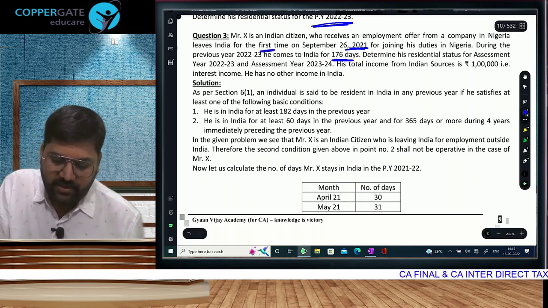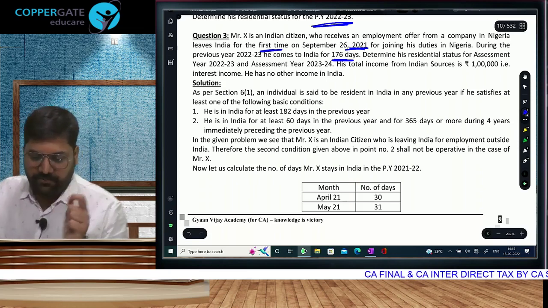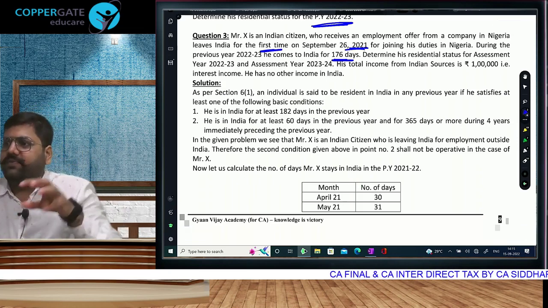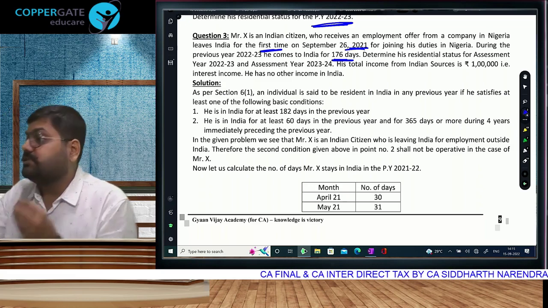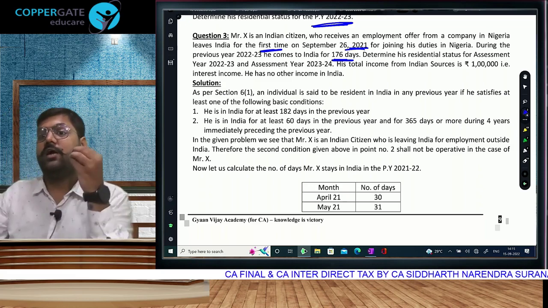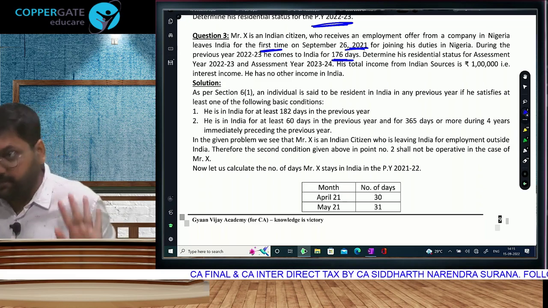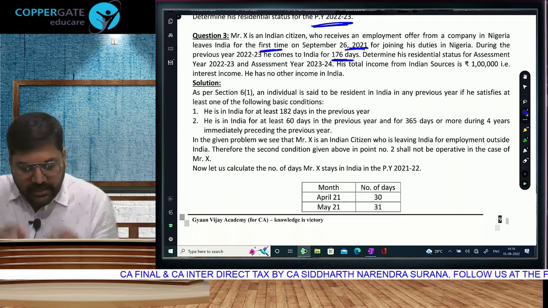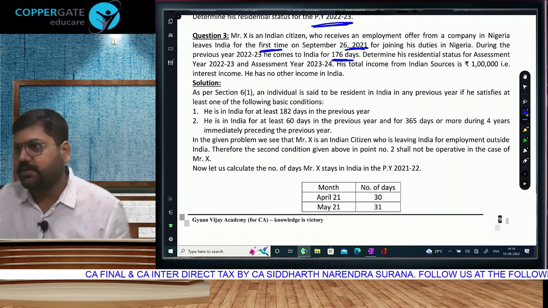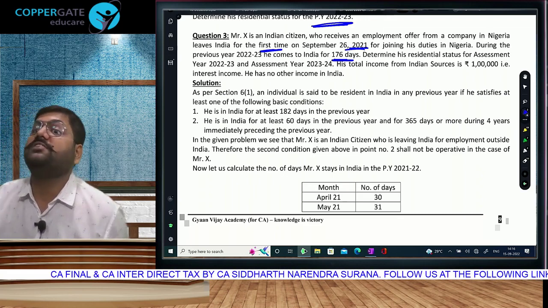He has left India for the first time. मतलब can I say before 21-22, that is 20-21, 19-20, 18-19, all the years he was fully in India. That way आप देखोगे तो 365 days का, 730 days का, 2 out of last 10 years, everything will be fulfilled. But one thumb rule you follow is that whenever you have to compute residential status, first you will see current year का stay.